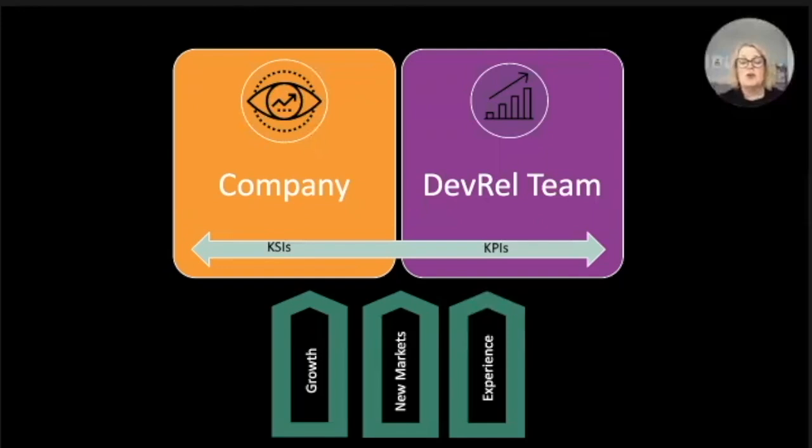For pillar 3, we really want to focus in a lot, and we will for the DevRel experience here today, on experience. KSIs under this pillar refer to more of what the experience is to the customer and what their needs are, identifying those needs and refining their digital experience. It's very much aligned with what we're doing on the DevRel team today.